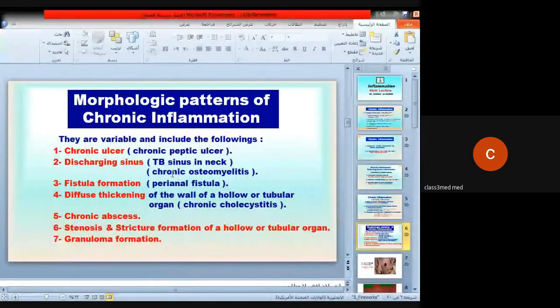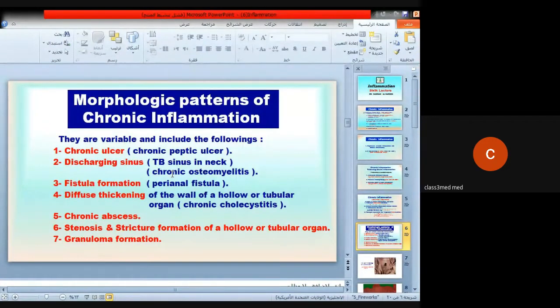Patient has cervical lymph node with the tuberculosis, TB of cervical lymph node. Without treatment, the caseous material discharged into the surface of the skin, forming sinus.